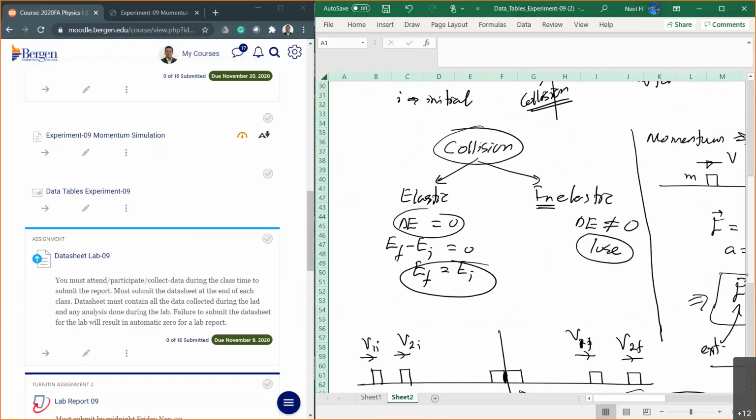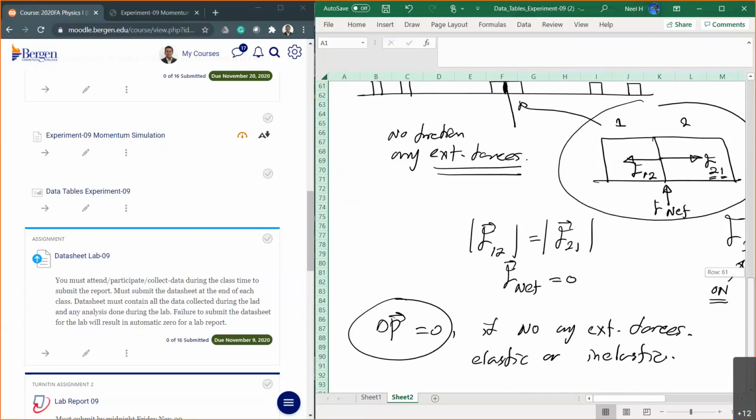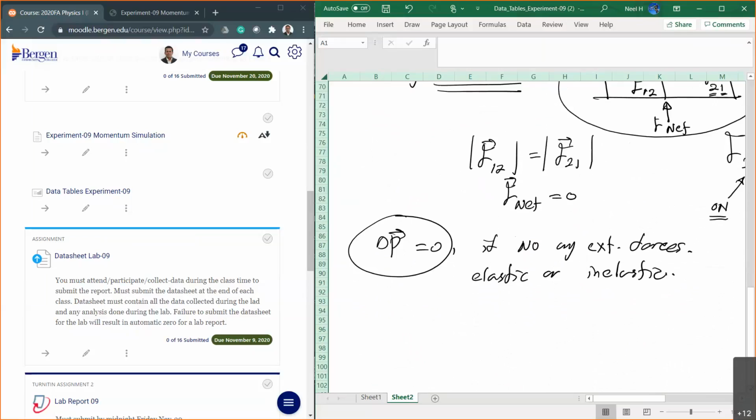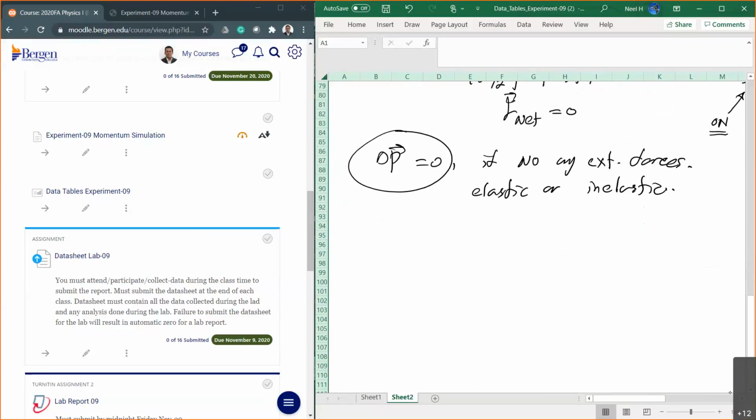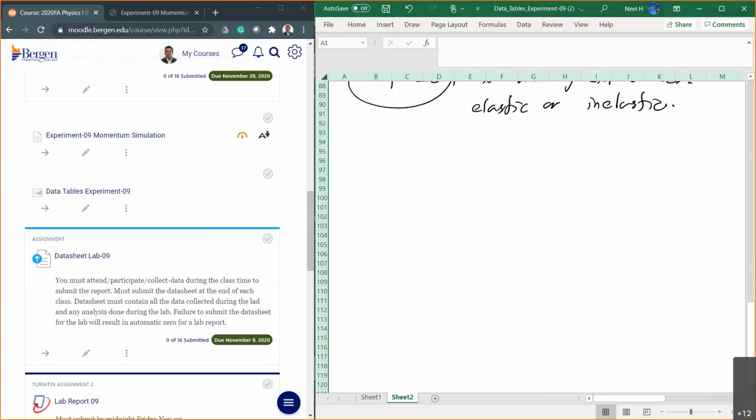All I need is two objects and let them collide. Object number one, object number two, then we apply a certain velocity to each, v1 initial and v2 initial, with v1 initial larger, and then these two will collide at some point here.